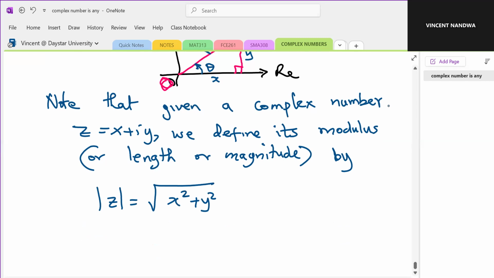And this is taken to be the positive square root. So that's how we find the magnitude or modulus of the complex number z, where we only pick the positive square root.